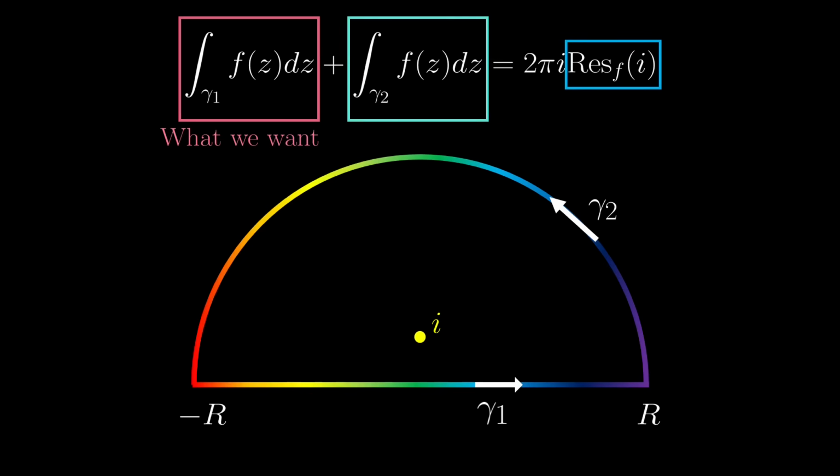As it turns out, in this specific case, this goes to 0 as r tends to infinity, and so we only need to calculate the residue here. So the details that are left would be why this will tend to 0 as r tends to infinity, and how to calculate the residue in the first place.